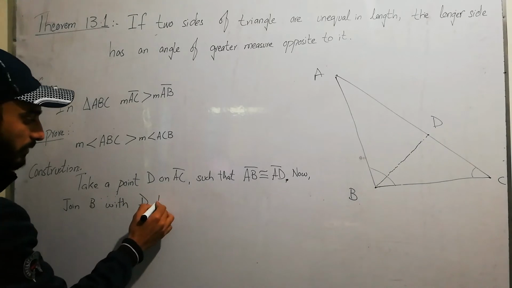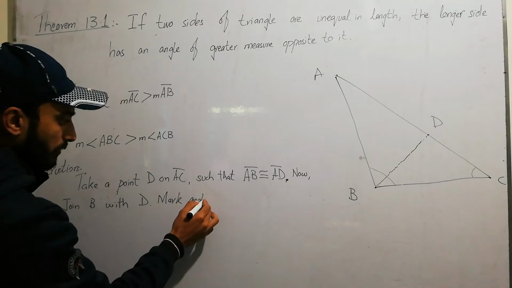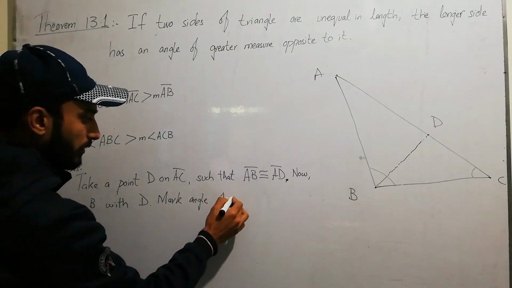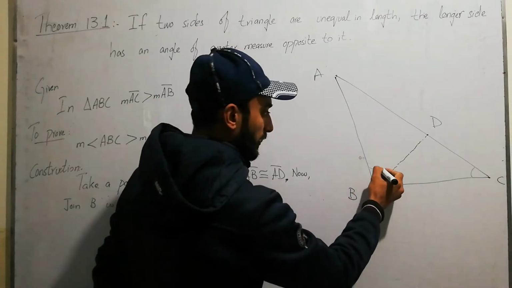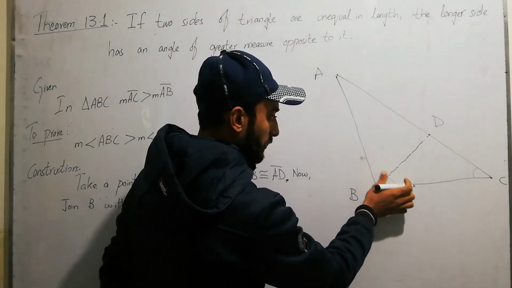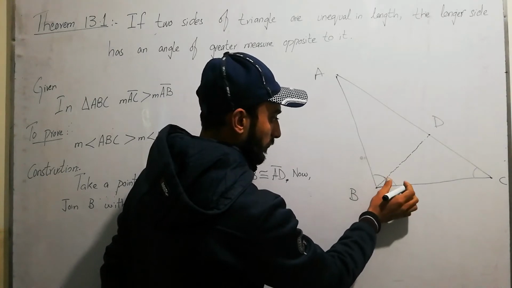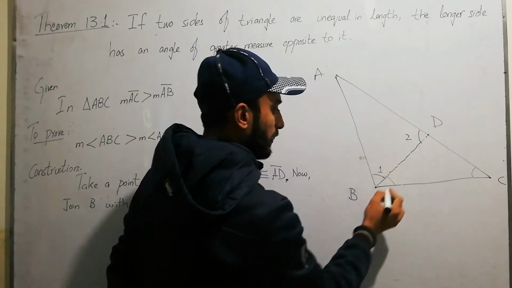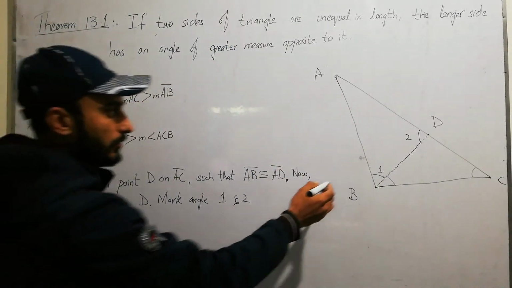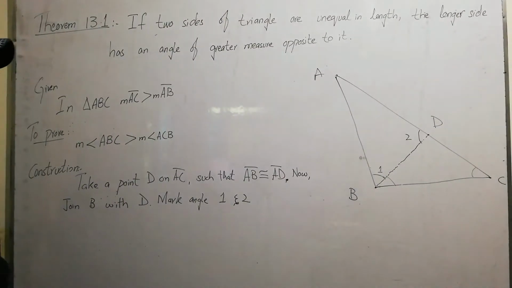And mark angle 1 and 2. For example, this is angle 1 and that is angle 2. If AB is congruent to AD, this shows that triangle ABD is an isosceles triangle.